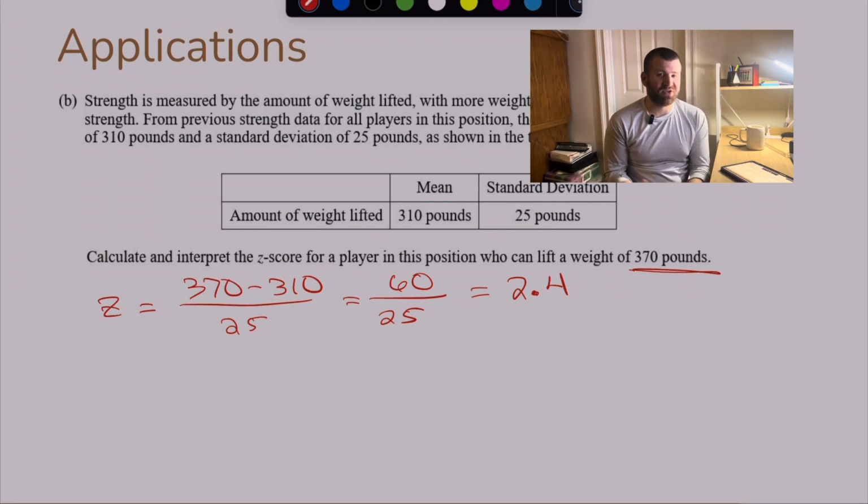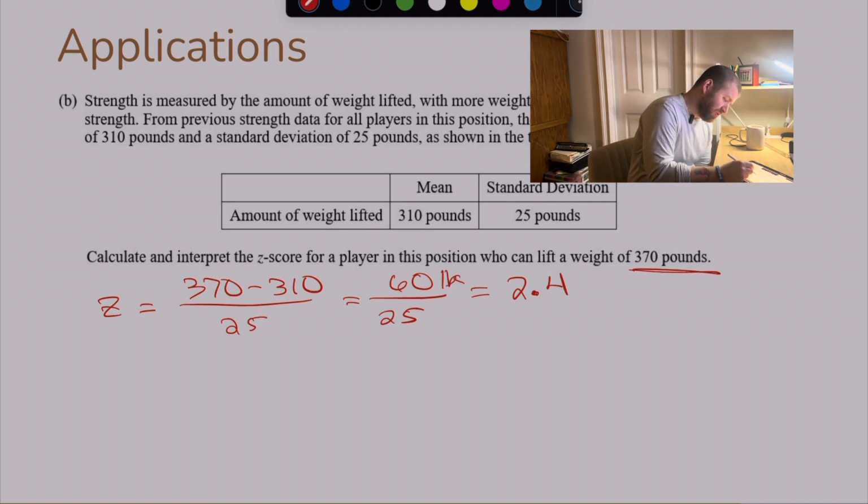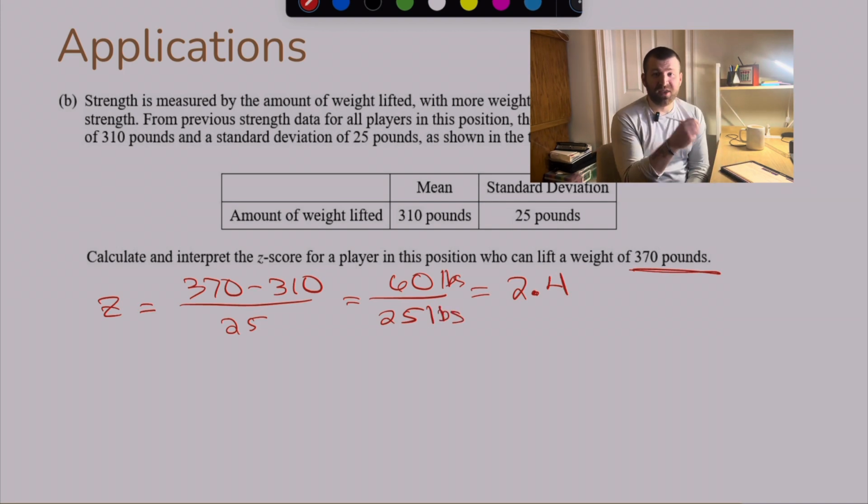Now notice z-scores don't have units. The reason for that is that your numerator and denominator both have the same units, right? This is pounds, so they cancel out. This is the question where people make a big mistake and they jump to the percentile.